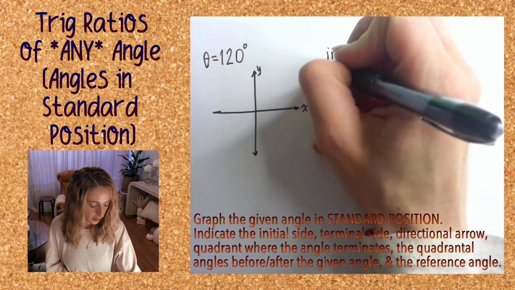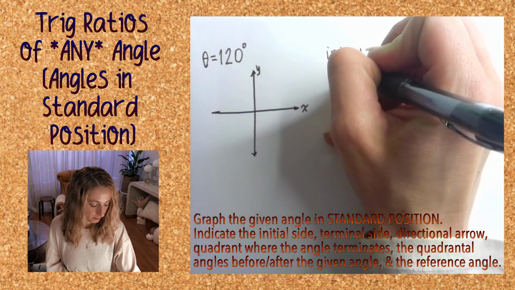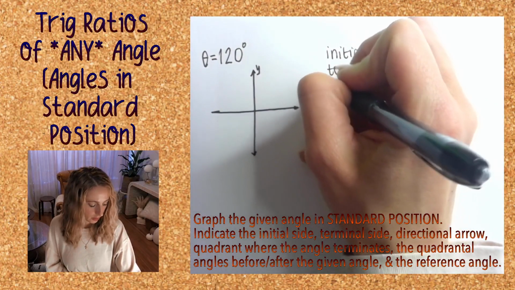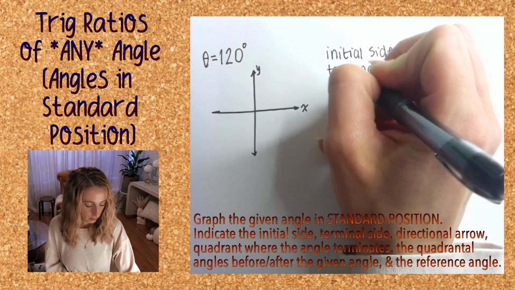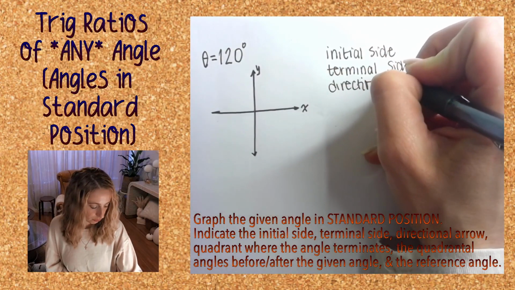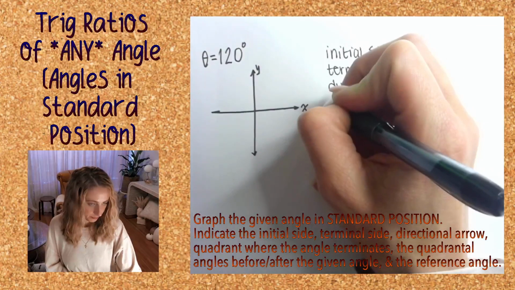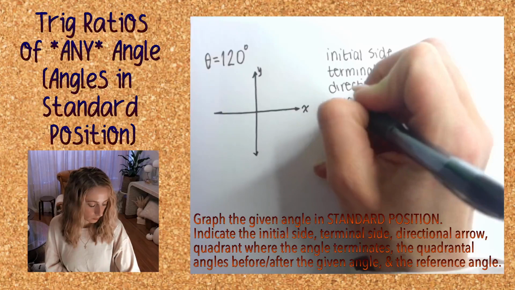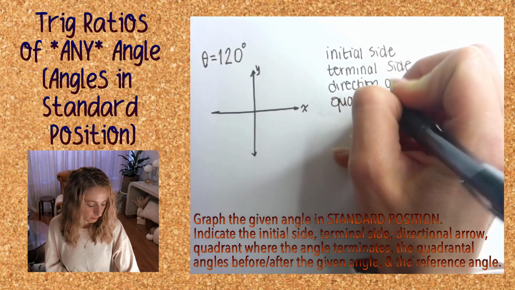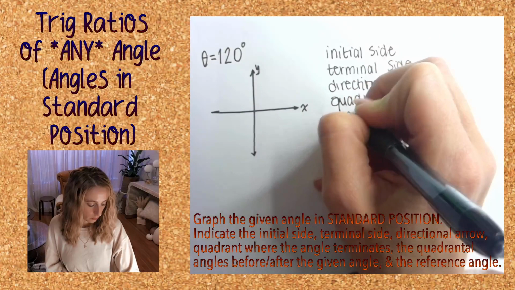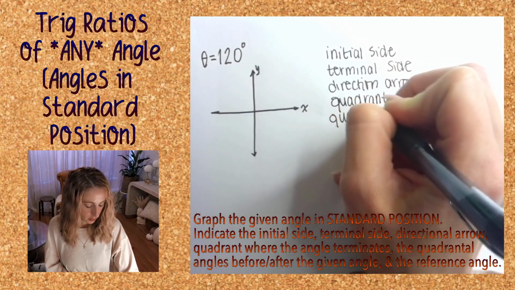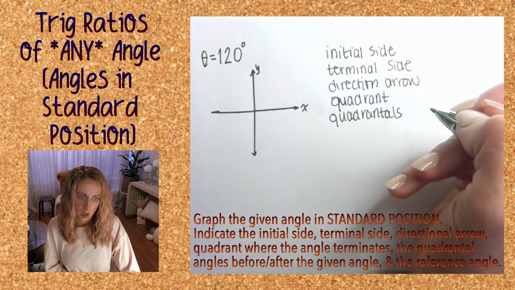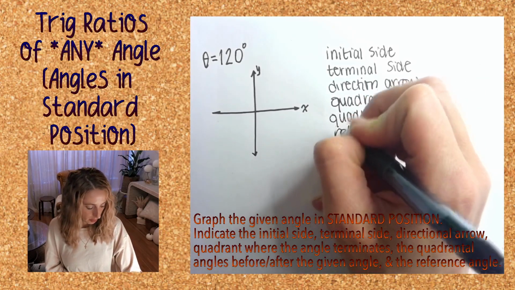So we've got initial side, terminal side, directional arrow, quadrant, quadrantals, and reference angle.